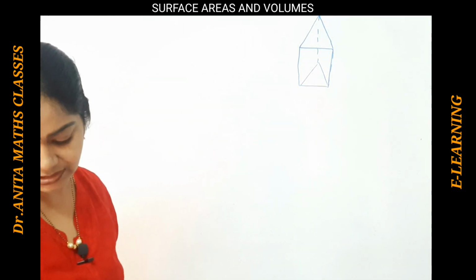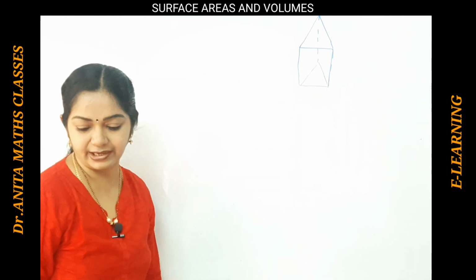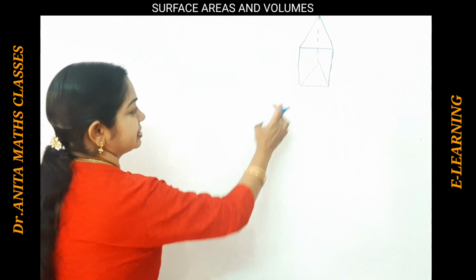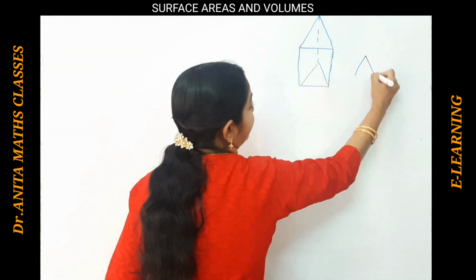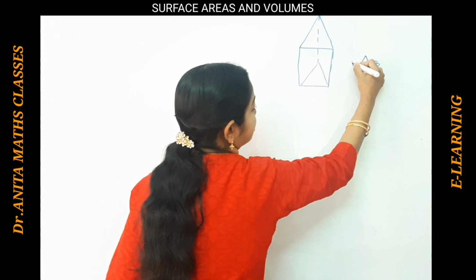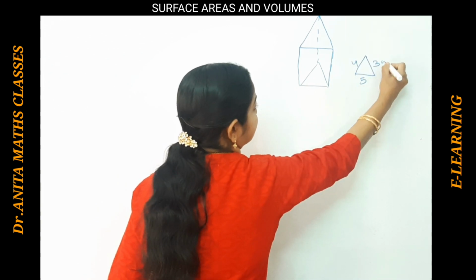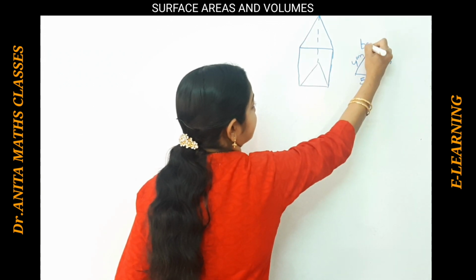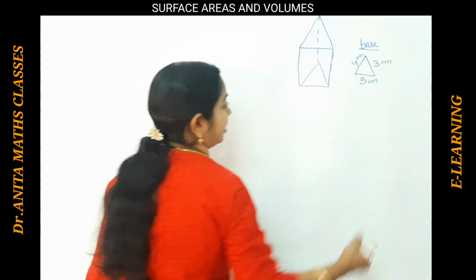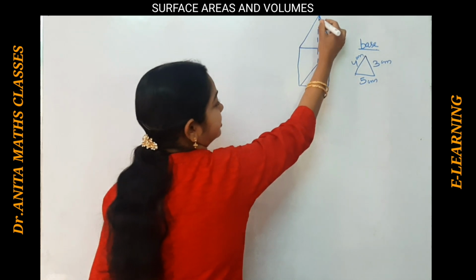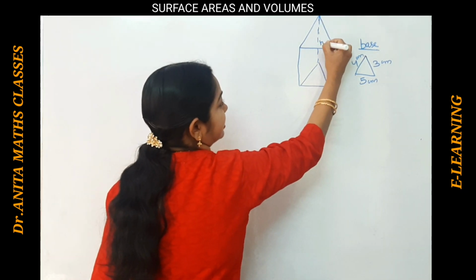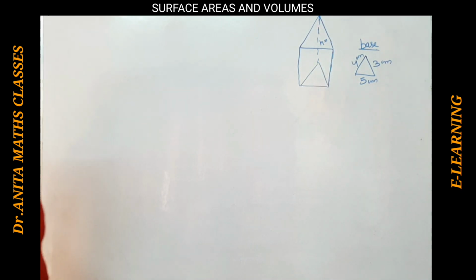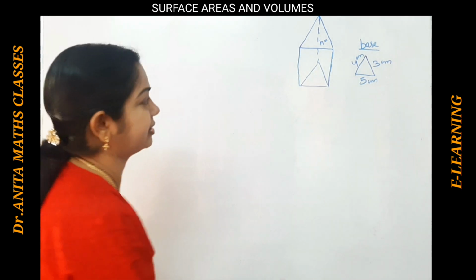In this triangular prism, the sides of the base, the triangle, are given as 3 centimeters, 4 centimeters and 5 centimeters. This is the base. And the height of the prism is given as 10 centimeters.